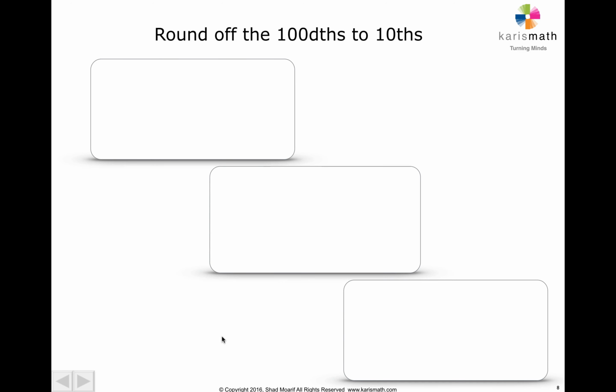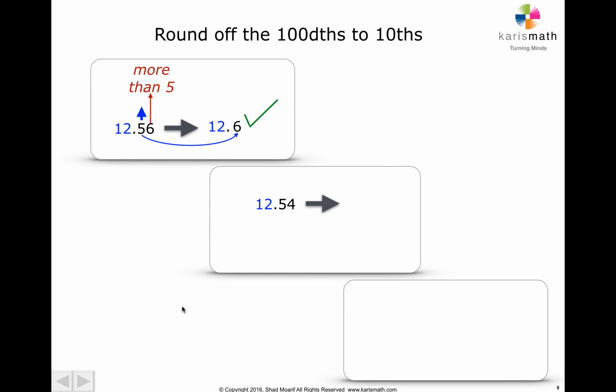So round off the hundredths to the tenths here. What's the answer? Quick. 12.6, very good. It's more than 5, so this becomes 6. Excellent. 12.54, what does that become? That's right, it stays 12.5, 4 disappears because it's less than 5.